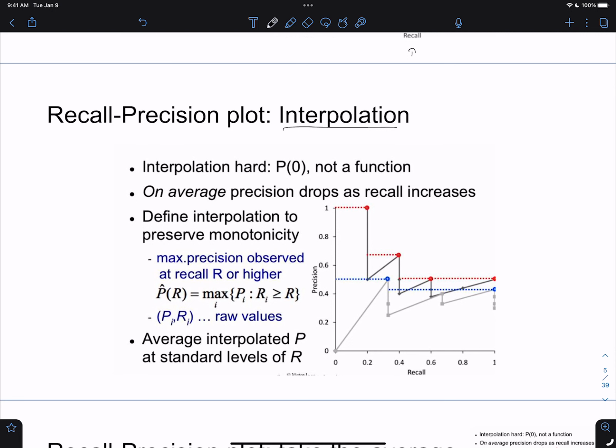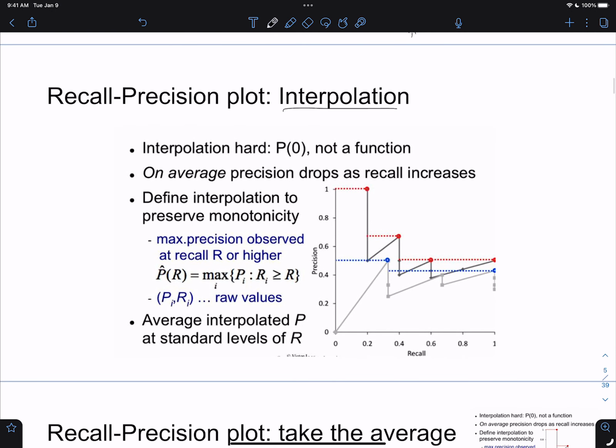How you do that is, let's say we look at the blue curve here. This is one system. Essentially, the way you estimate precision at a recall level, you look to the right and see the highest precision at that point.